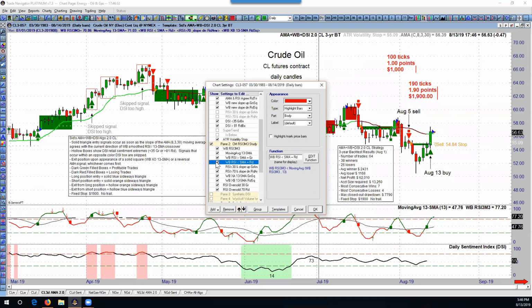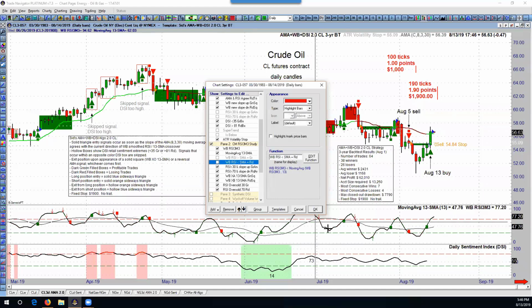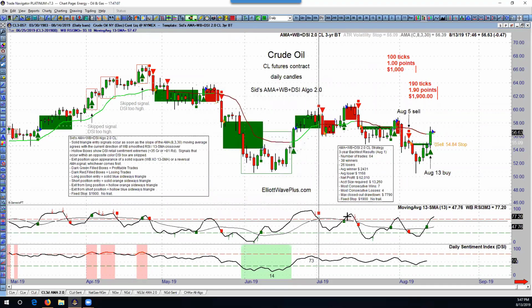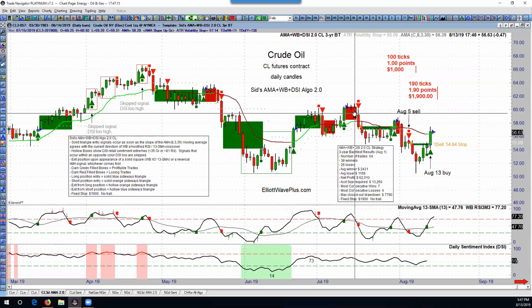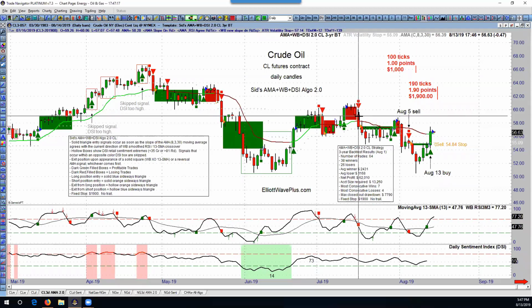But I also have placed an additional indicator on here that I do use. Sometimes I check to see if it would be better to exit even faster than the crossover. And that little arrow right there came in one bar earlier than this bar.